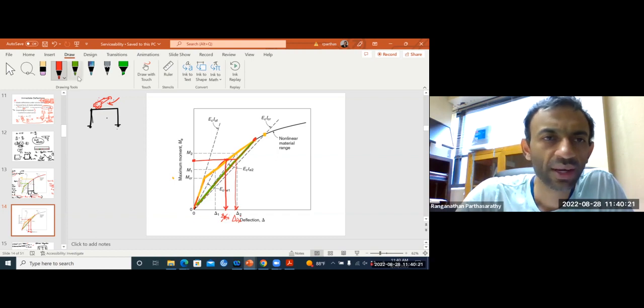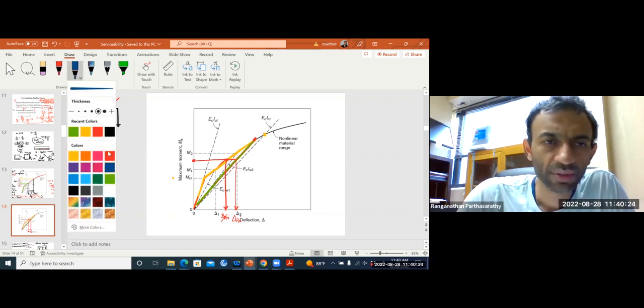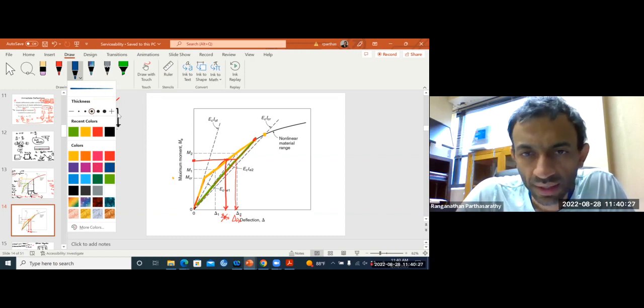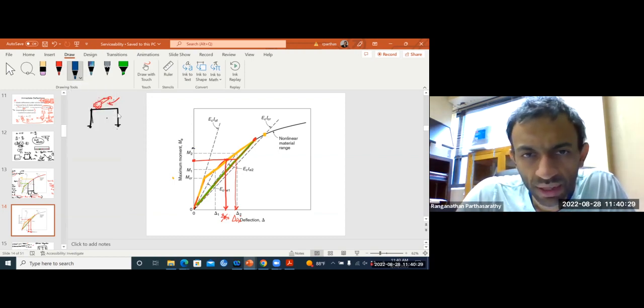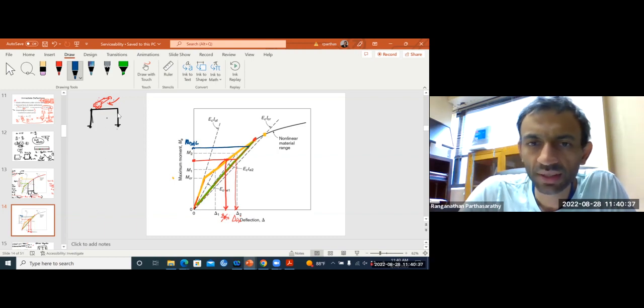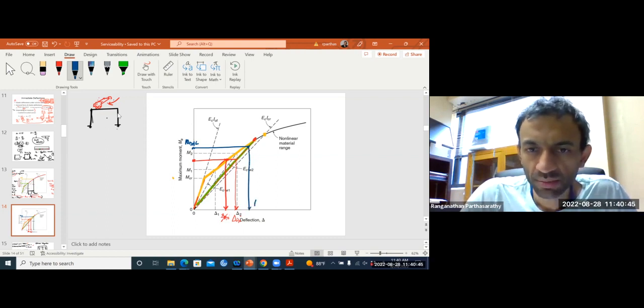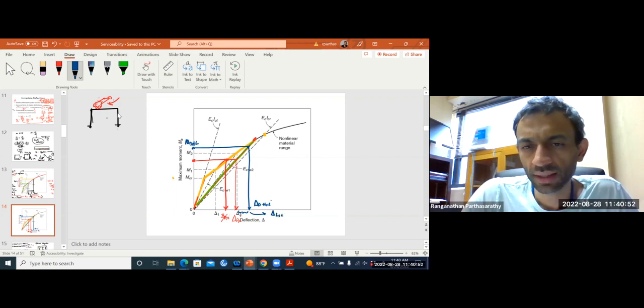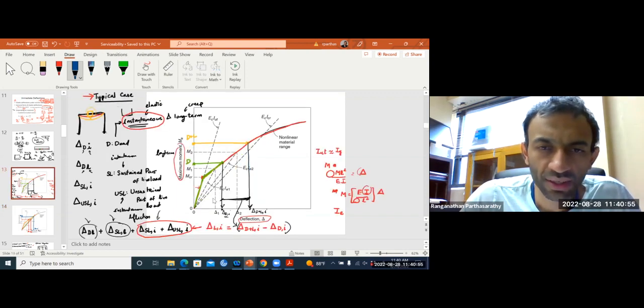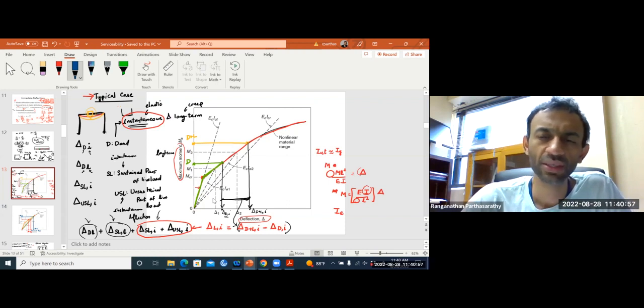And let's say your live load is somewhere here. That's your moment at D plus L, suppose D plus L is here. Then that's at this point. So now this will be delta D plus Li. So in this case, your delta L instantaneous is actually smaller than in the previous case. Did you see?